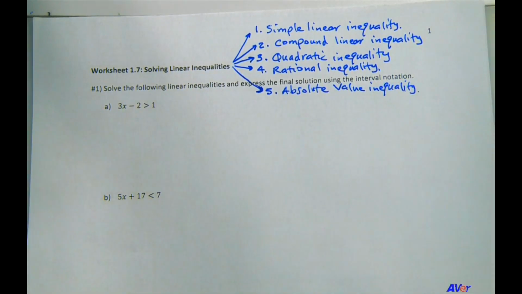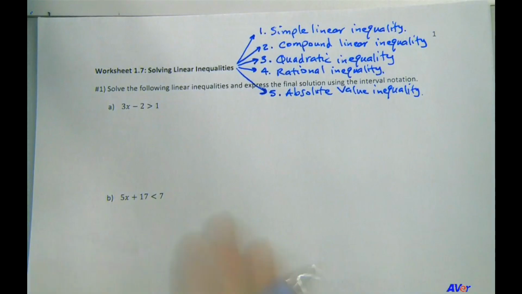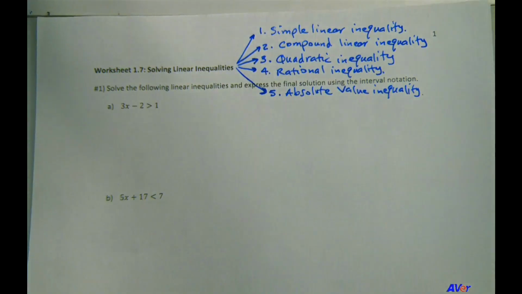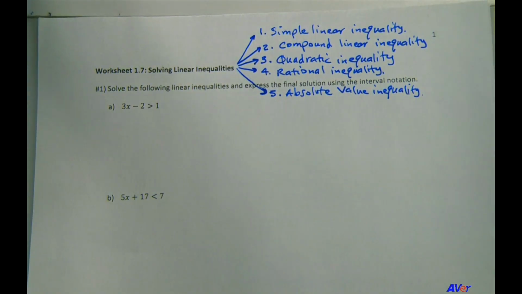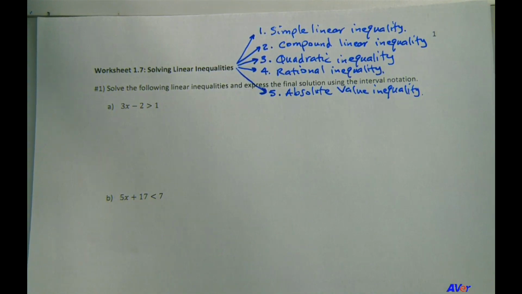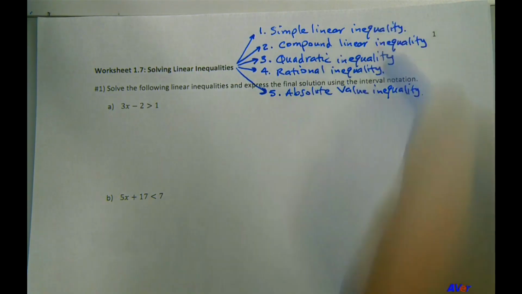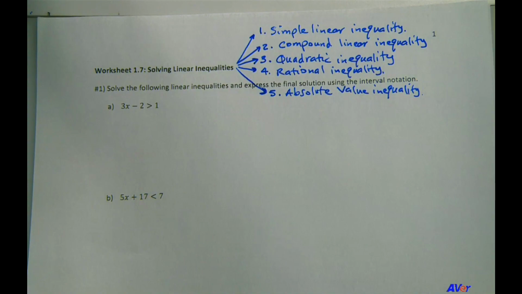The other reason that I'm listing these is because the technique for solving each type of linear inequality is going to be slightly different from the others. So they're all connected. They're all based on a set of specific procedures, but for each type of linear inequality you have subtle changes in the procedure.